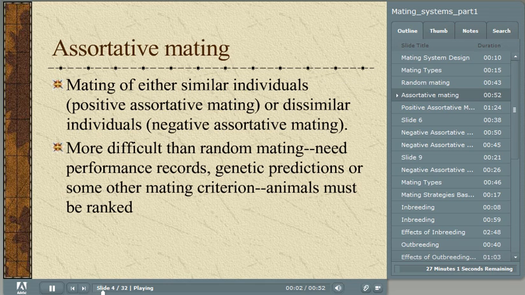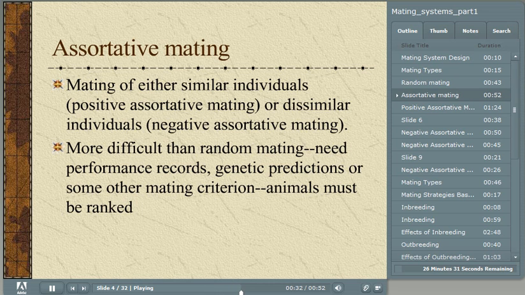Whereas random mating doesn't require much knowledge of animal performance, the assortative mating systems require considerably more knowledge, because we want to take one of two approaches: either positive assortative mating, where we're pairing males and females based on their performance, and that performance is rather similar, or negative assortative mating, where we're actually looking at dissimilar individuals.